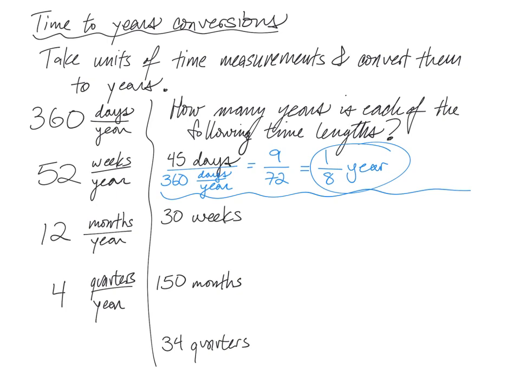So weeks, I would take 30 and divide it by 52 weeks per year. And again, our ending unit over here will just be years. 150 months. Well, how many months are there in a year? There are 12. So I would take this 150 and divide it by 12 months per year. How about quarters? I would take 34 quarters and divide by 4 quarters per year.